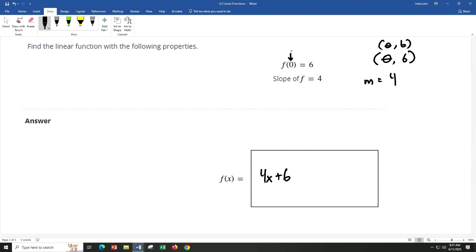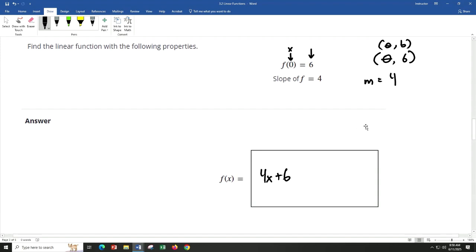Remember, this is your x, and this right here is the y value at 0. Because that 6 is only going to be 6 when x is 0. Okay? That's how come 0 is the independent variable. Okay? Good? Look at that. Not horrible at all.